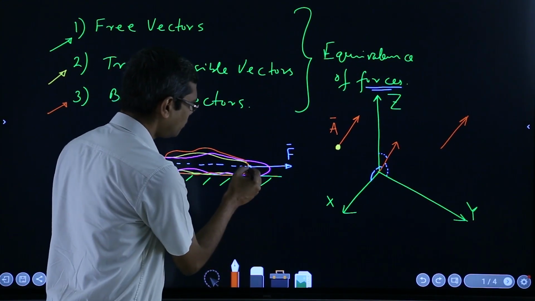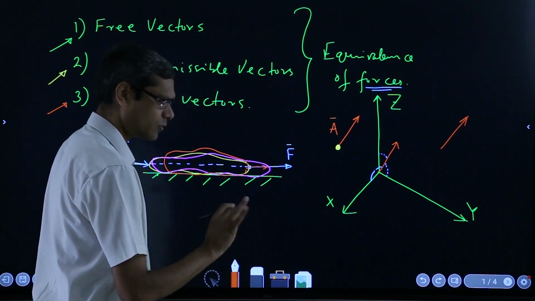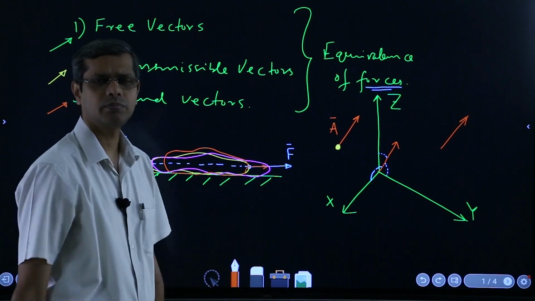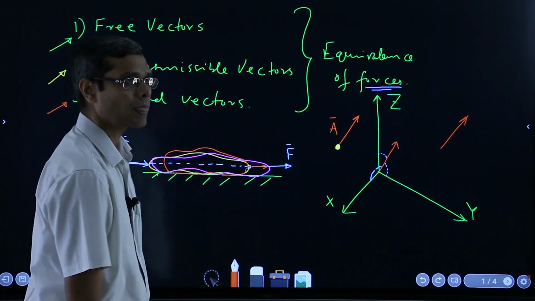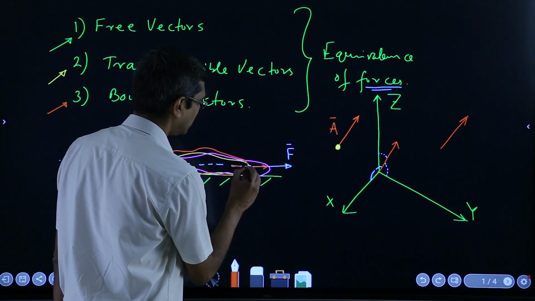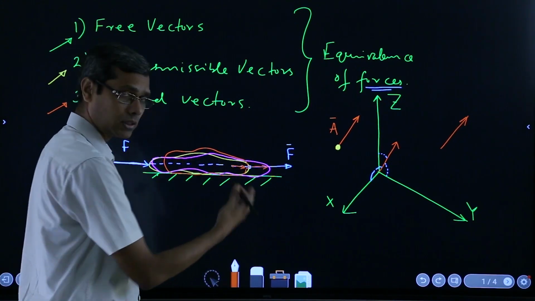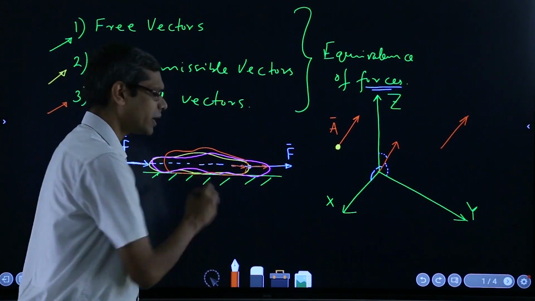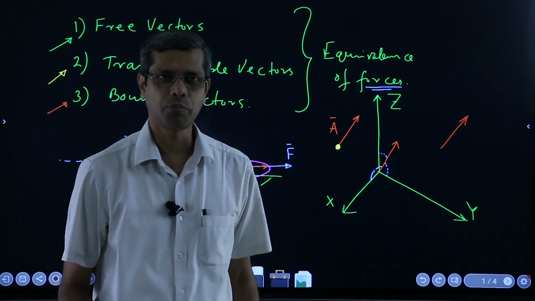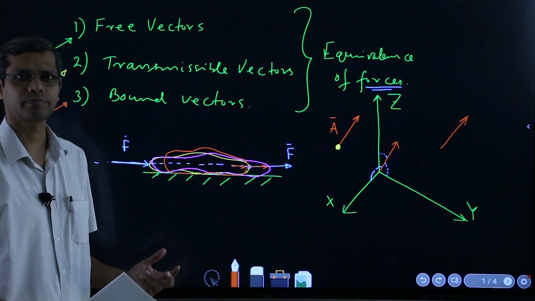Now, if you put the force here, the effect is one. If I put the force here, the effect is completely different. And similarly, at any other point, if I attach the force here, the deformation will be completely different than the other two types of deformation. So, every point, if I attach the force and try to pull or push or apply that force, the effect is going to be different.